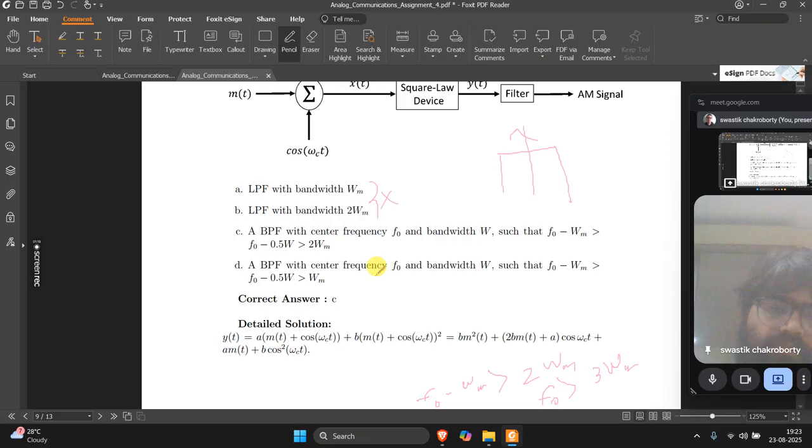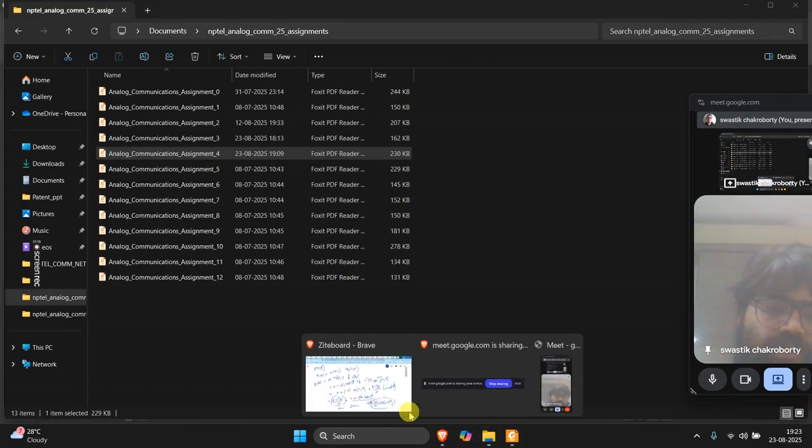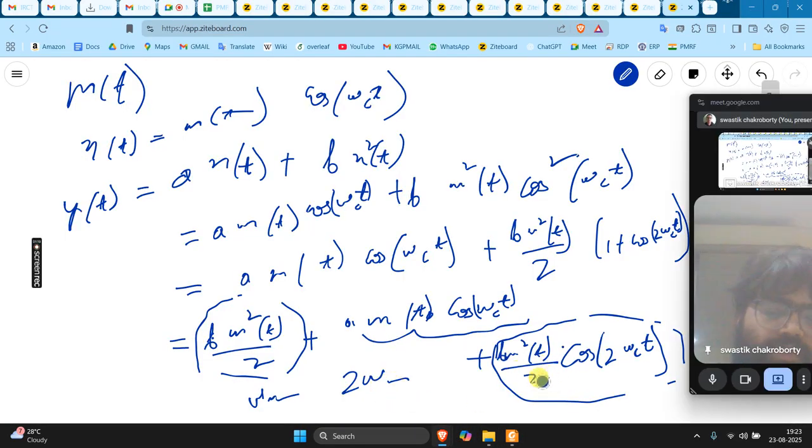And another is f naught minus 0.5 Wm, but it should be greater, to ignore the cos 2 omega term.